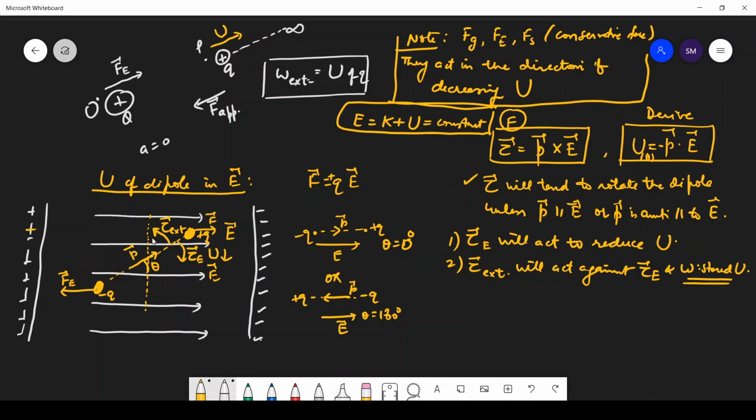I will be rotating it against the torque of the electric field. This is tau external. So this is the whole concept, students. Fundamentals are more important, and the derivation is pretty simple.